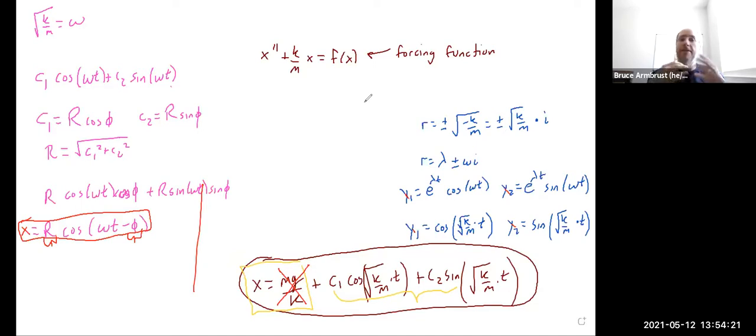We're just talking about there's some other force that's being applied to the entire system. That's the forcing function. So when it comes time to solve this, think about what that's going to change. What's going to change in our process as soon as we put something else over there?